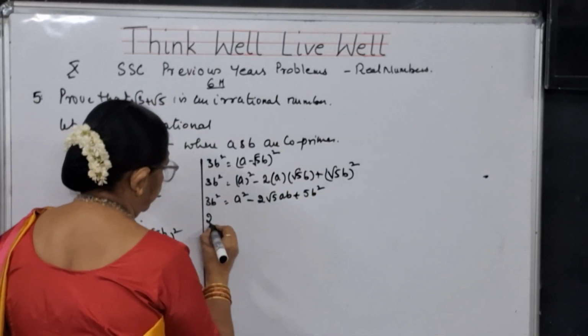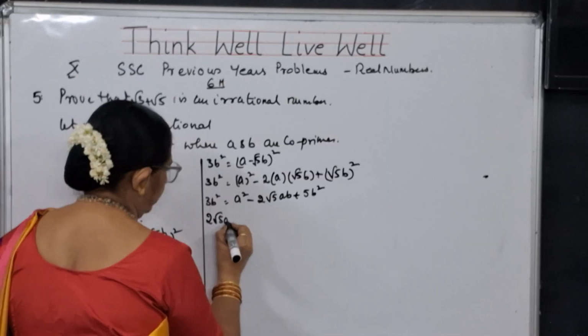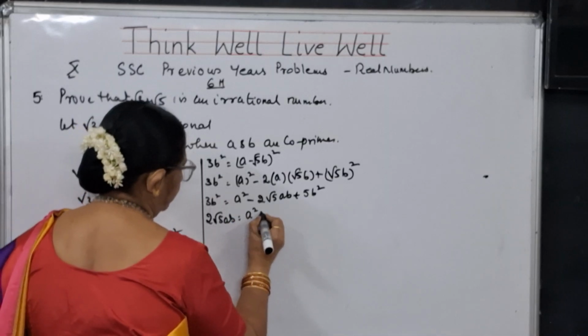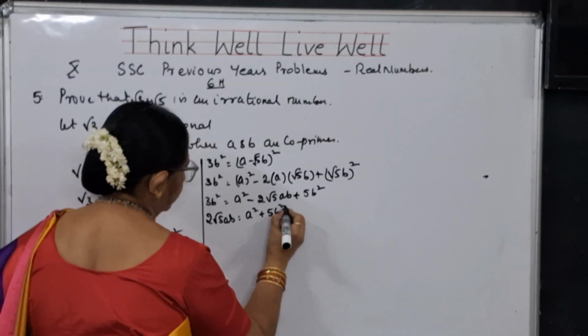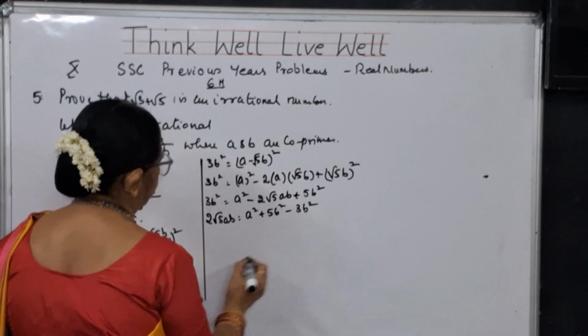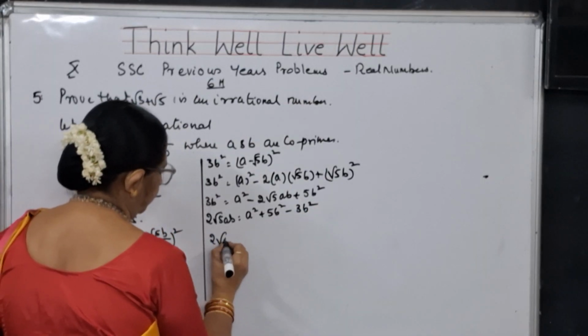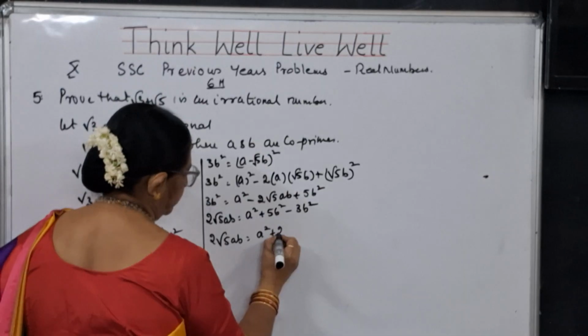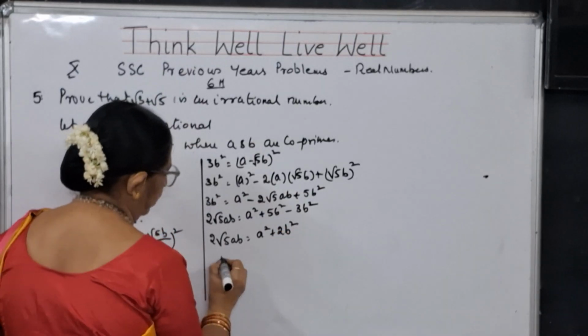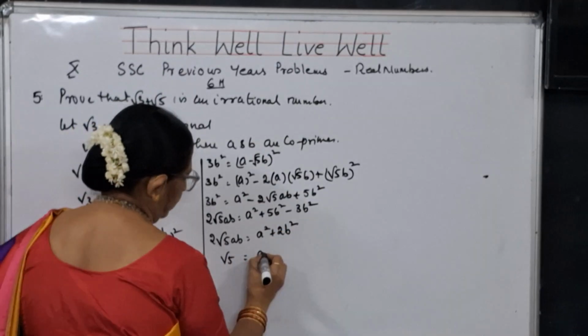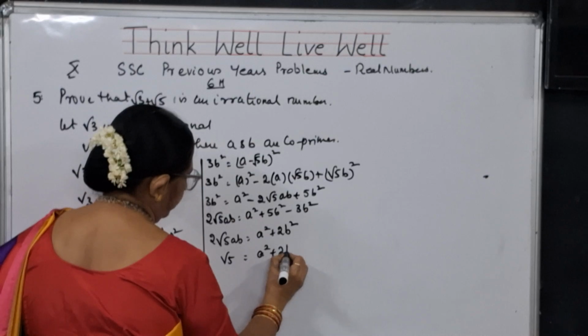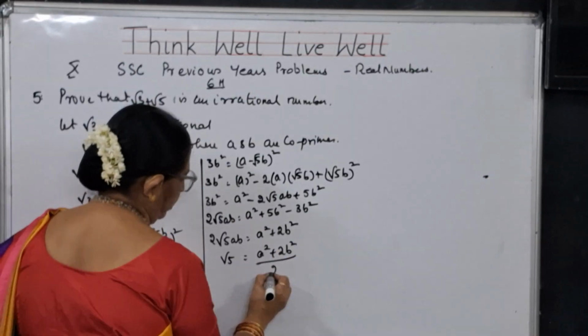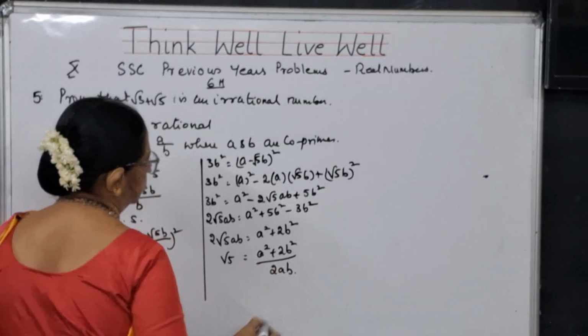So 2 root 5 ab is equal to a square plus 5b square minus 3b square. 2 root 5 ab is equal to a square plus 2b square. So what is root 5? Root 5 is a square plus 2b square by 2ab.